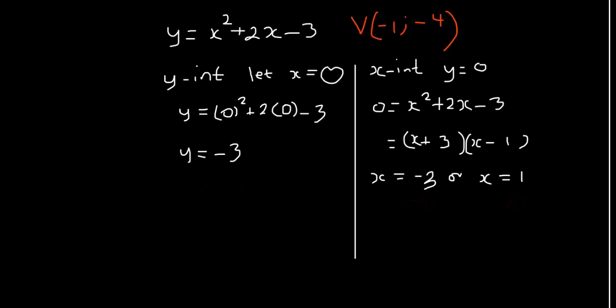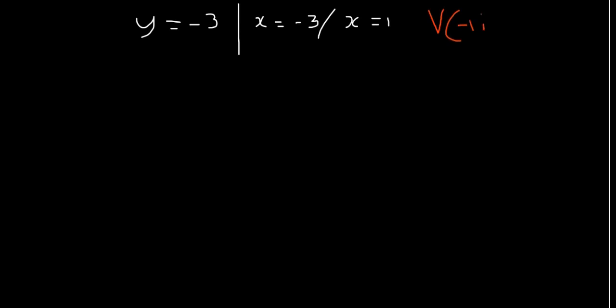Now we are able to draw our graph. Our y-intercept is equal to what? Negative 3, if I remember quite clearly. The x-intercepts are x equals negative 3 and x equals positive 1. And then our vertex point, let's change the color for the vertex point, negative 1 comma negative 4.